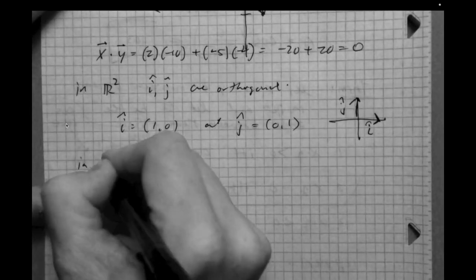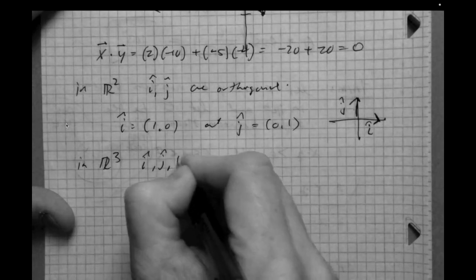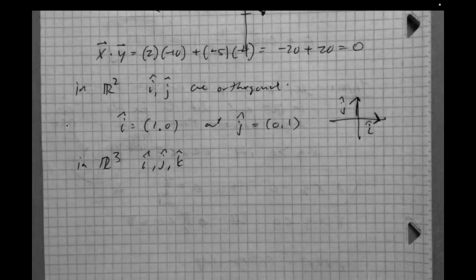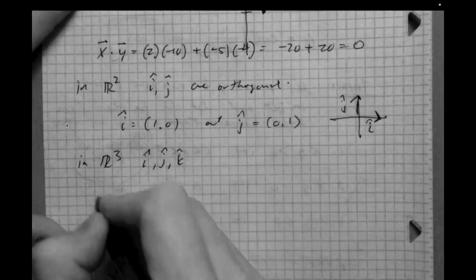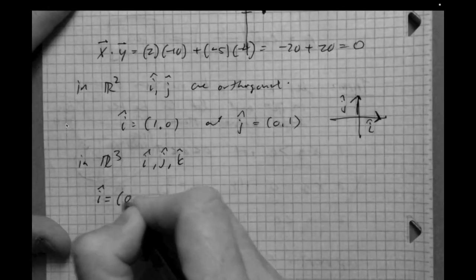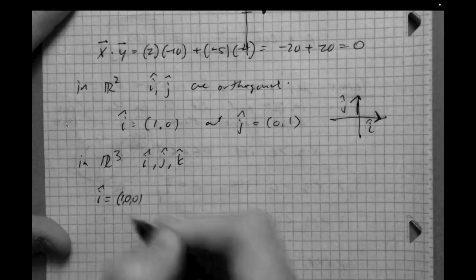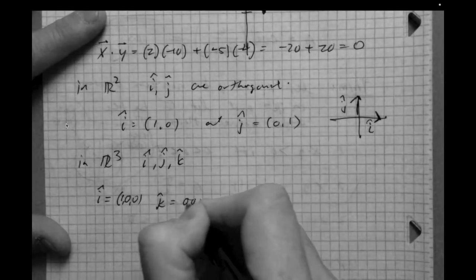In R3, we can extend this to i, j, and k. i, j, and k are all mutually orthogonal, which means that any two of them are orthogonal to one another. So for example, i and k are orthogonal. i is (1, 0, 0), k is (0, 0, 1).